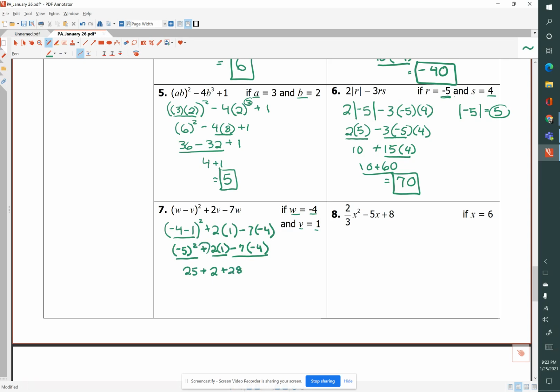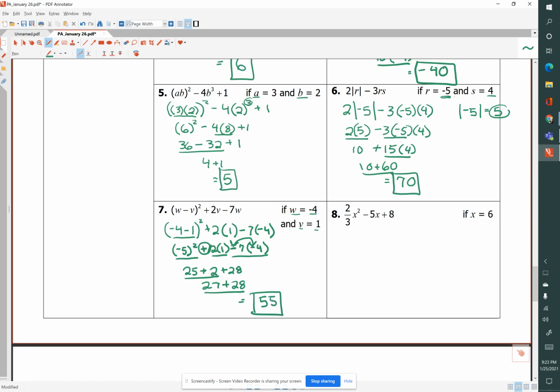So I still need to do this addition, and then the addition that was created by multiplying the negative times the negative. So 25 plus 2 is 27, plus 28, and 27 plus 28 equal 55.